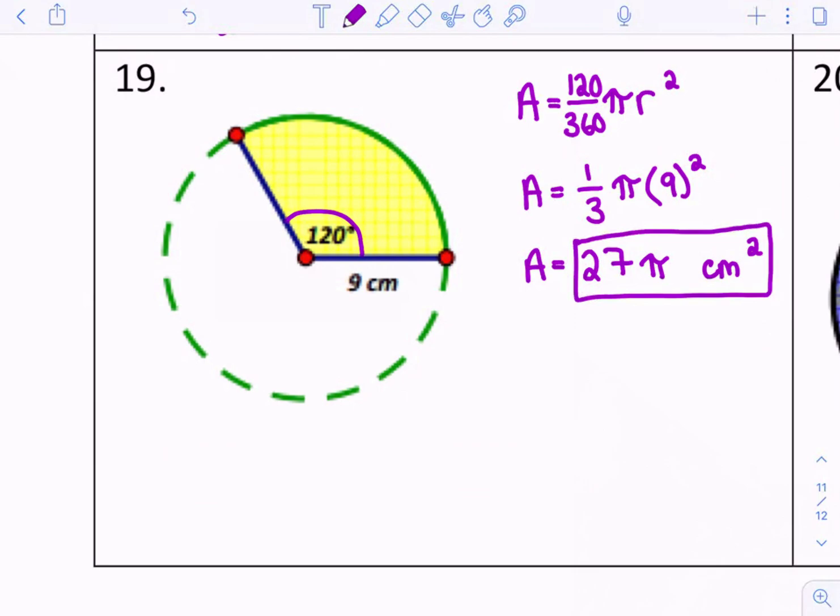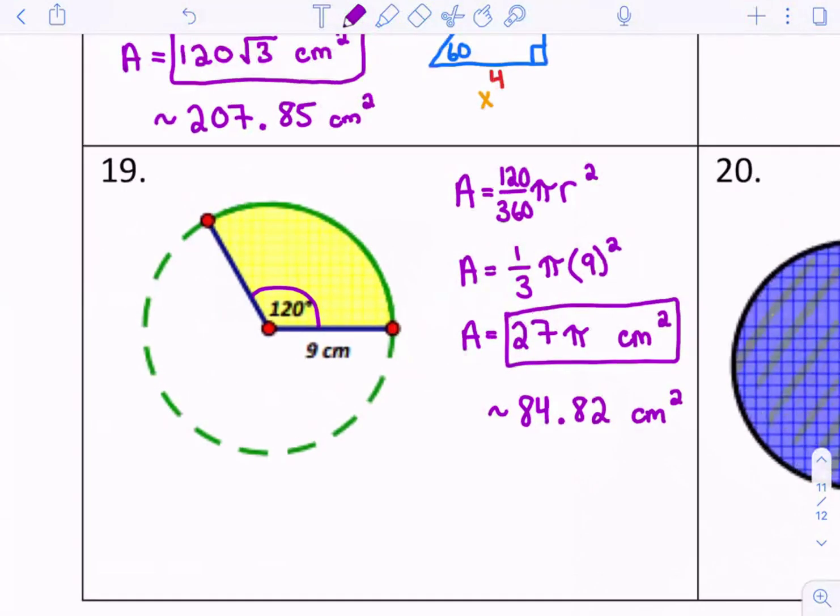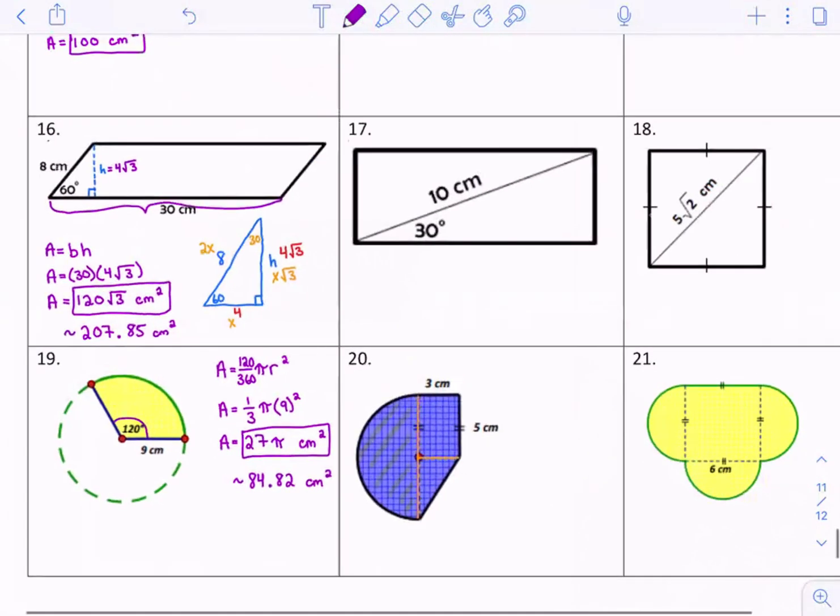So we would do 27 times pi and get 84.82 square centimeters. That would be to the nearest hundredth. So we've been rounding to 2 decimal places, which is great, just in case, but we're boxing off the exact answer.